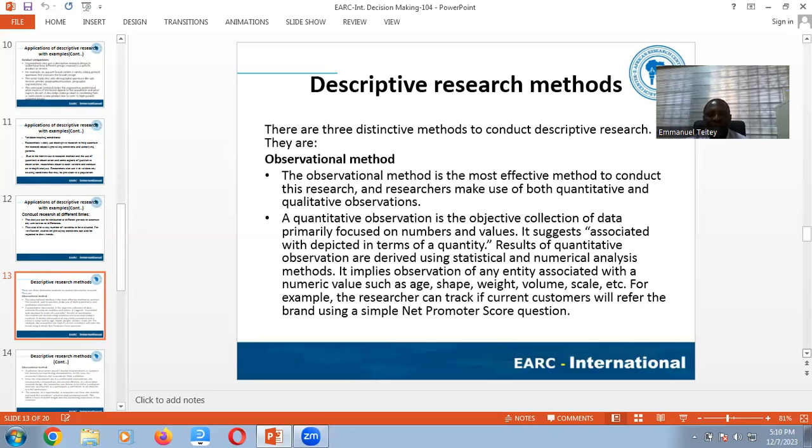It implies observations of any entity associated with numerical values such as age, shape, weight, value, scale, etc. For example, the researcher can track if current customers will refer the brand using a simple net promoter score question.